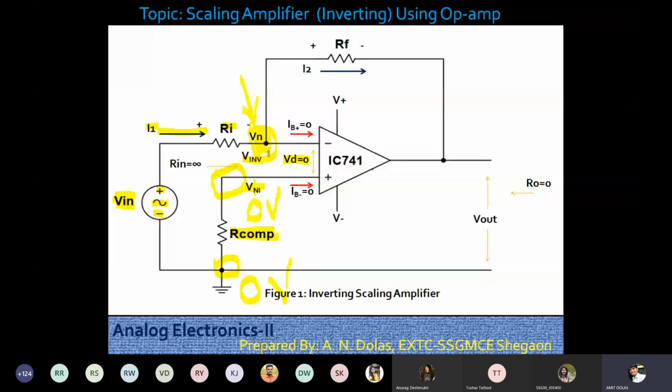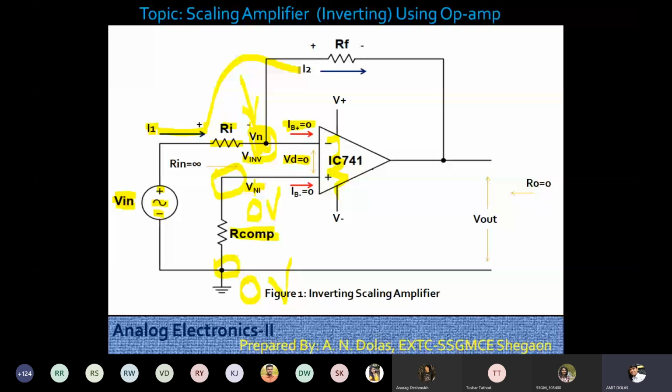Now, as this voltage is 0, the source is passing current I1 through R1 towards the node Vn. Now, what is the current into the op amp? Current into the op amp is 0 because its input impedance is infinite. No current passes into the op amp. So obviously, whatever the current is will pass into the Rf in this way.